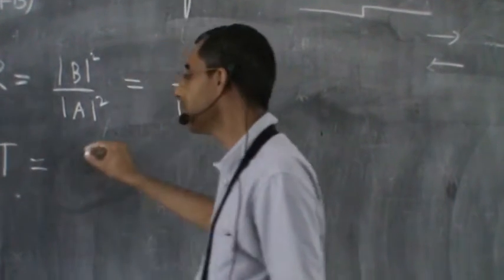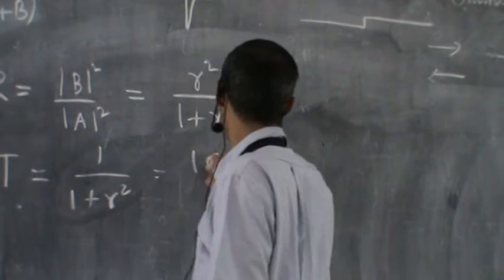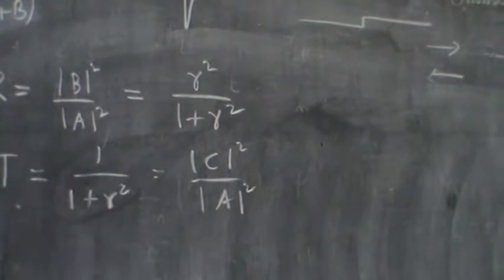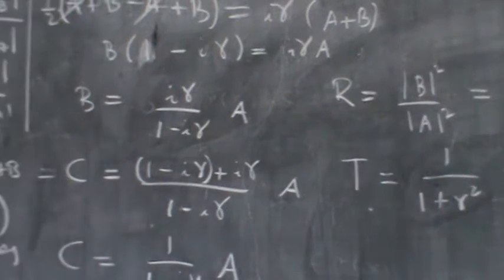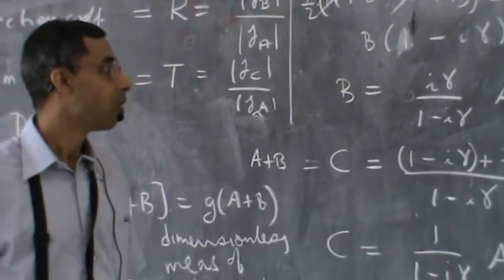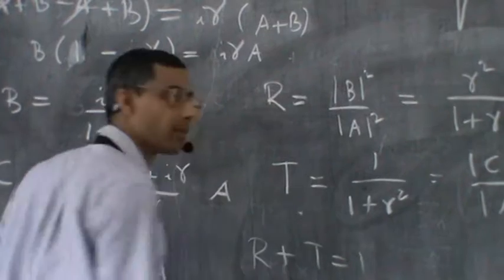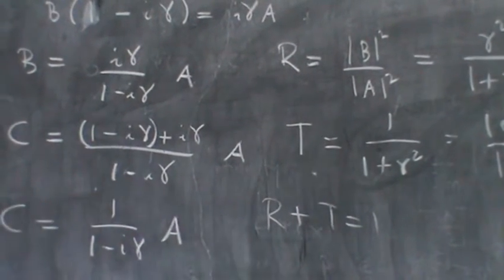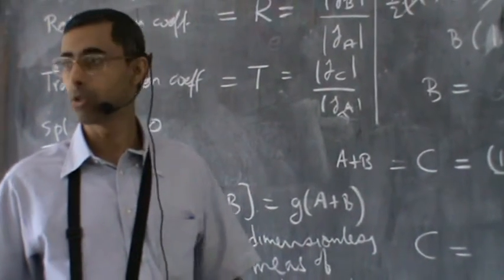So T is equal to 1 by 1 plus gamma squared, which is mod c squared by mod a squared. Notice that R plus T is equal to 1. This is again a statement of conservation of probability. Particles are either reflected or transmitted. There's nowhere else to go.